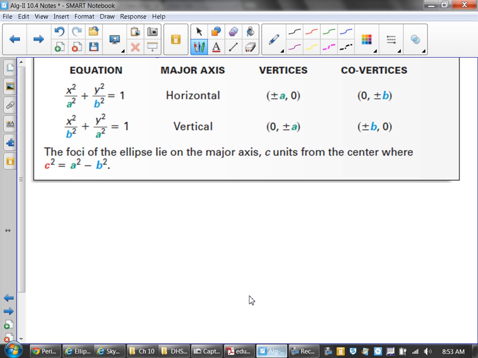Whereas on the other one, it would be at (0, c) and (0, negative c). Does that make sense? Because it's stretched up and down, the focus is on that same y-axis. It's going to have the same value for x as a, or it'll have the same value for y as a.